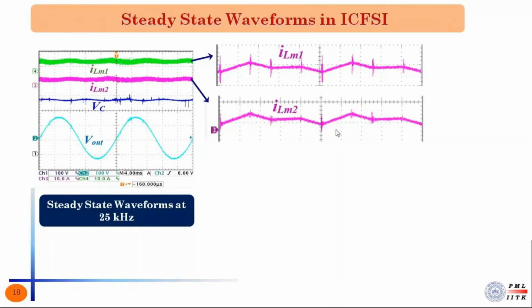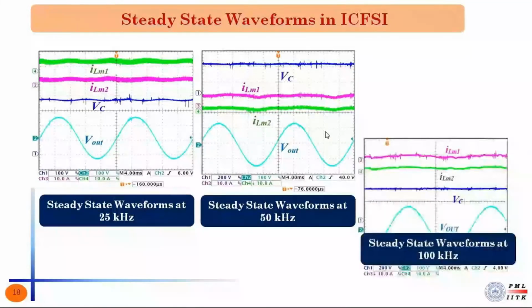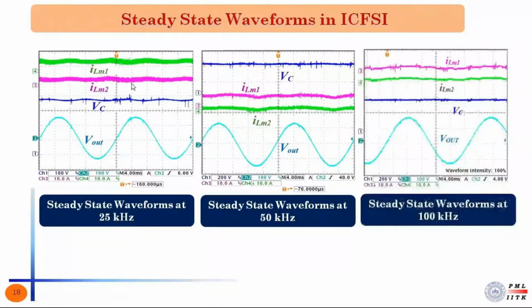Now these are the waveforms at 50 kilohertz, and these are the waveforms at 100 kilohertz. So we can see that the switching frequency ripple in the inductor currents reduces with increase in switching frequency. However, we can see that the inductor currents and the capacitor voltage, that is the DC link voltage, have a low frequency ripple in the waveforms.